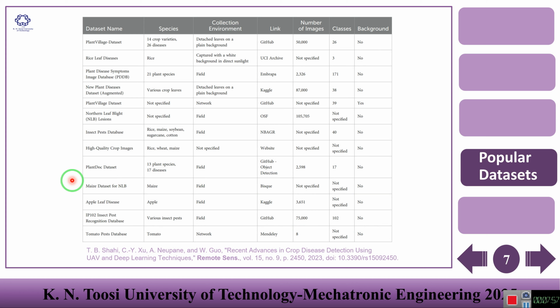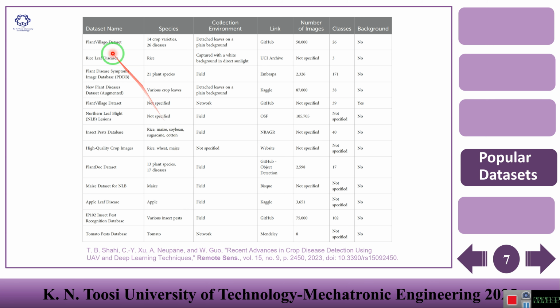I mentioned before that I will talk about datasets. This is a table representing popular datasets. Plant Village is the most popular one, as I assume, because it is published on Kaggle, if I'm not wrong, and it has taken images from a low altitude from plants.